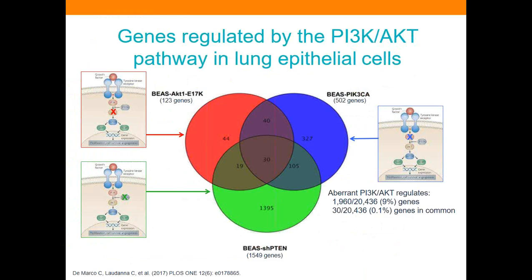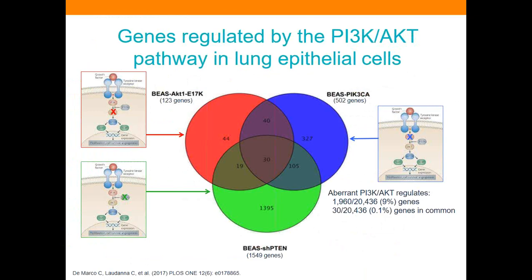So for instance, in this particular study, DeMarco and his colleagues just took bronchial lung epithelial cells. And what they did for PI3 kinase and AKT is, using a lentivirus, they transfected the cell with a mutated PI3 kinase and a mutated AKT.